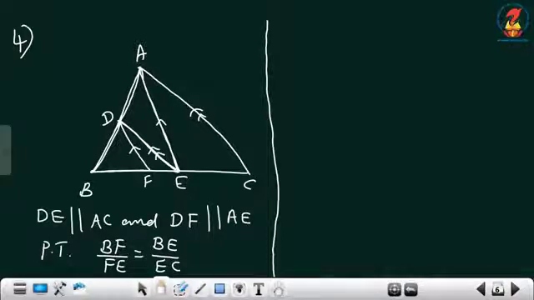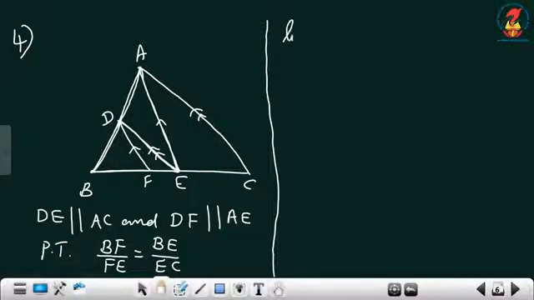Then the fourth question, in which a triangle ABC is given and DE is parallel to AC and DF is parallel to AE. We have to prove that BF by FE is equal to BE by EC.